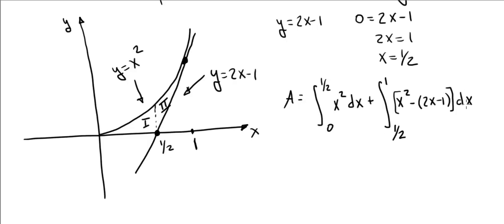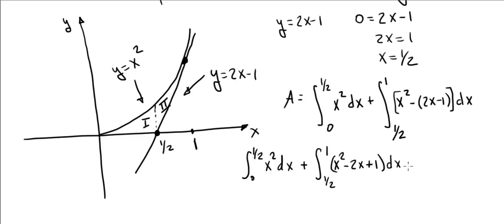If you don't, you're going to make a mistake with that minus 1. Simplifying, we have the integral from 0 to 1/2 of x squared dx plus the integral from 1/2 to 1 of x squared minus 2x plus 1.